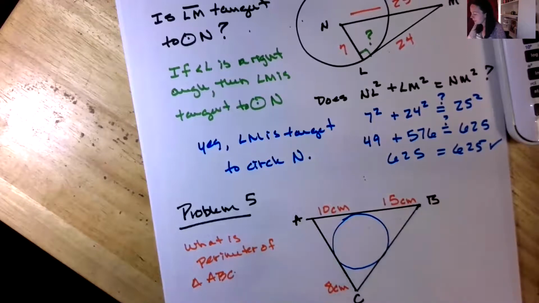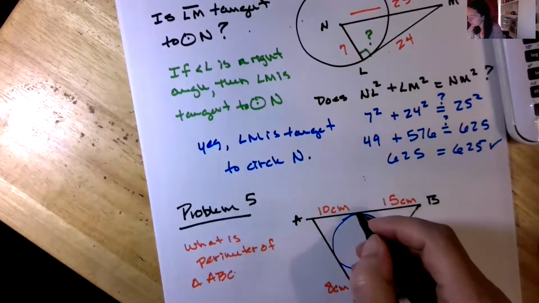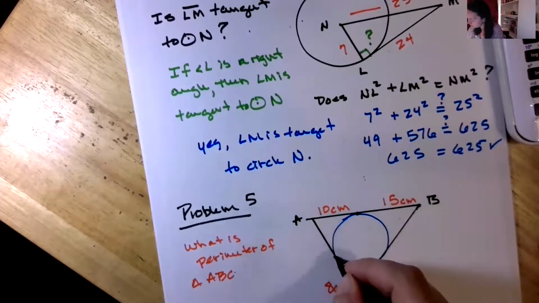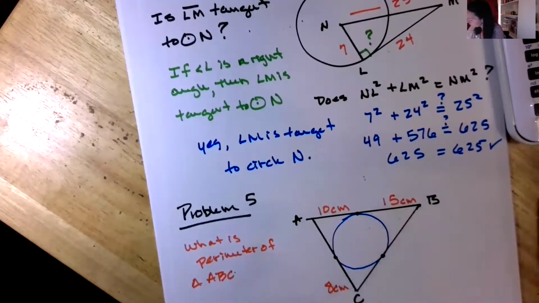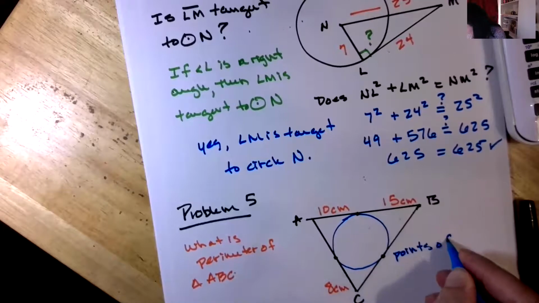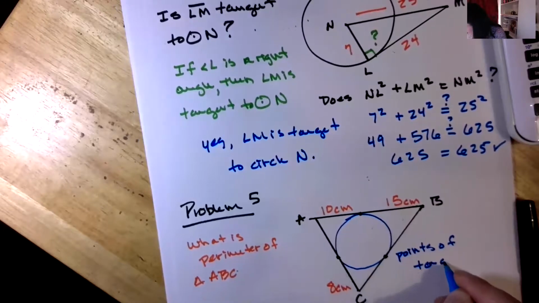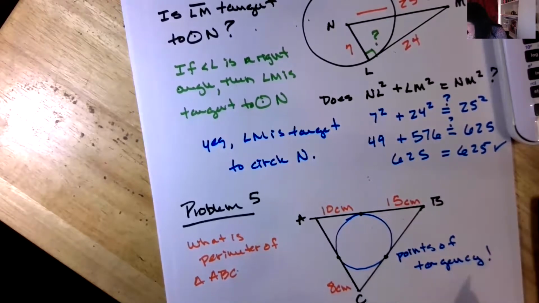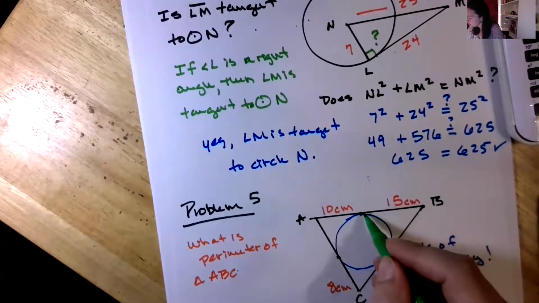Well, because this circle is inscribed, we know that inscribed means it touches at one point. So these are our points of tangency. Okay, and if we have points of tangency, that means we have congruent tangents.